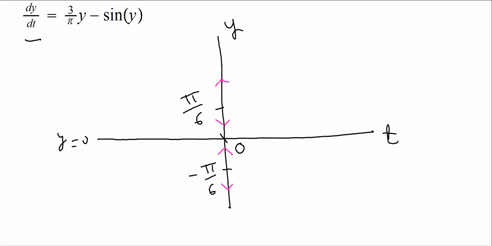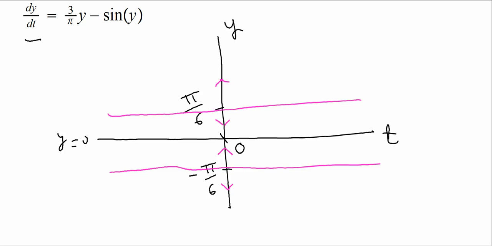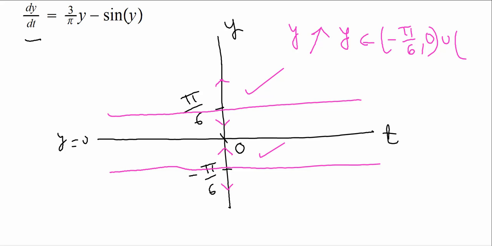So you can see that y is increasing for y in which interval? These are the two intervals where it's increasing. One of them is negative pi over 6 to 0, and the other is pi over 6 to infinity.